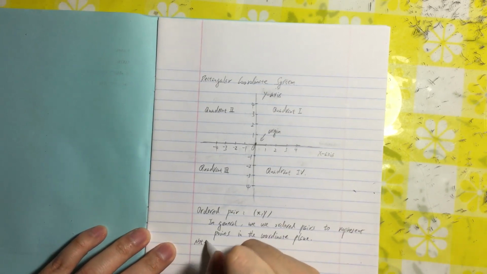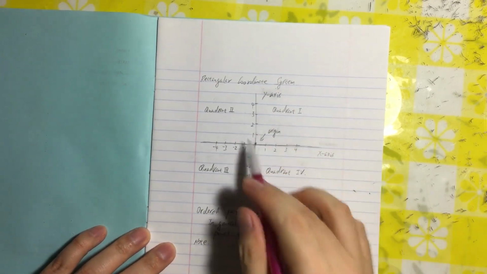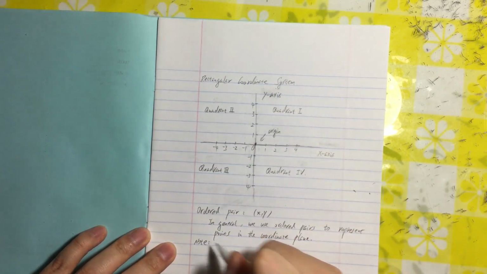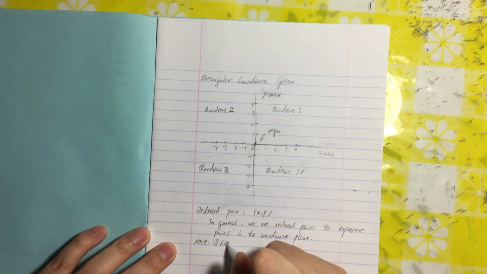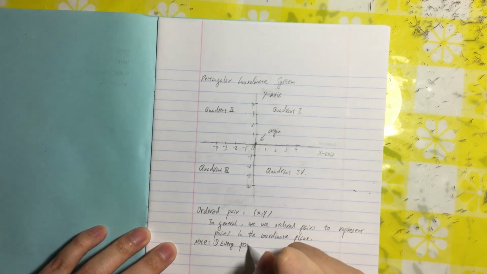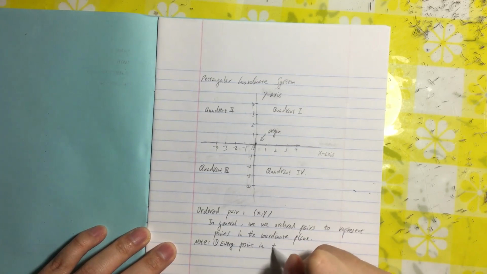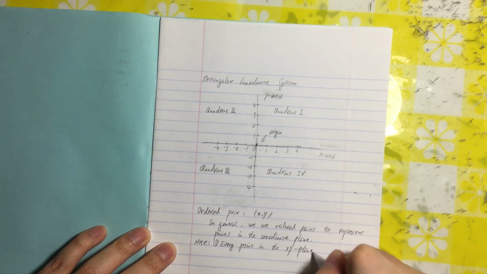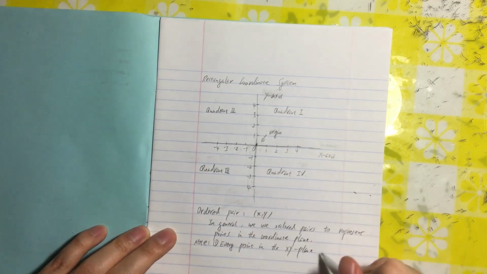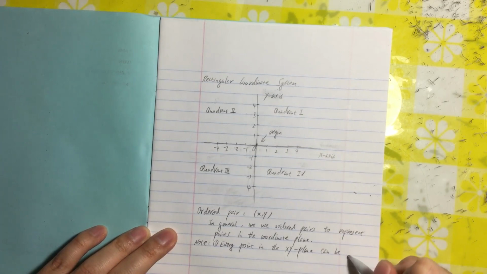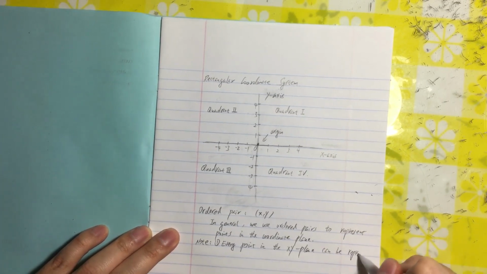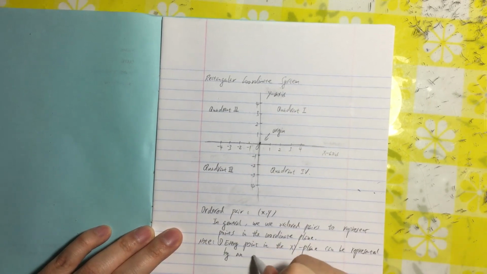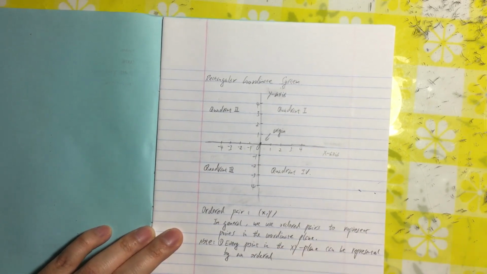Note, every point in the plane can be represented by an ordered pair. Every point in the coordinate plane, which is called an xy plane, can be represented by a unique ordered pair.